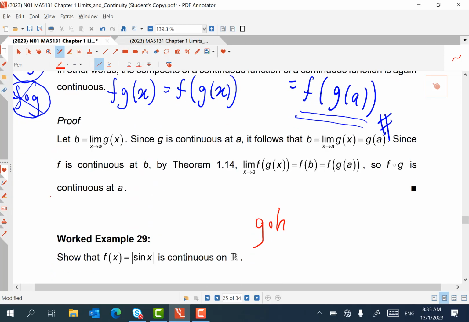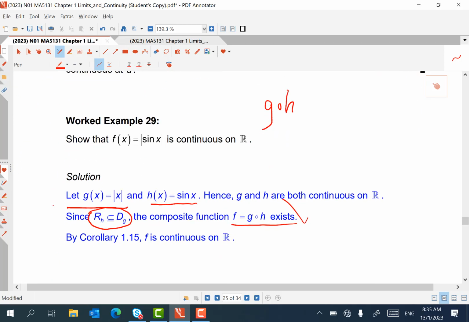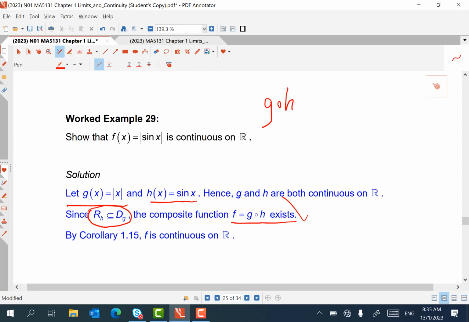Therefore g(h(x)) will be continuous on the entire real line, and therefore f is continuous on the entire real line. So this makes use of an earlier result. That is example 29.